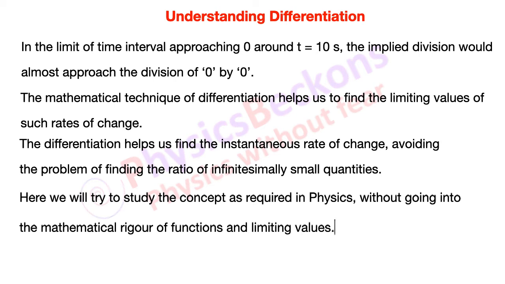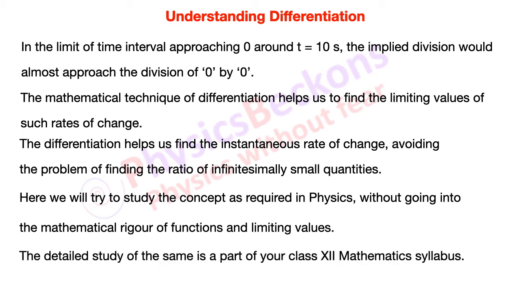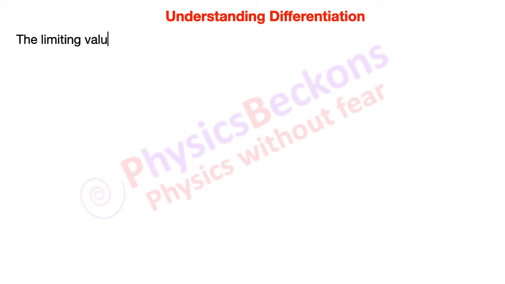Here we will try to study the concept as required in physics without going into the mathematical rigor of the functions and the limiting values, because what we need is to apply differentiation in physics. We don't have to actually derive the relations. That will be a part of your class 12th mathematics syllabus.